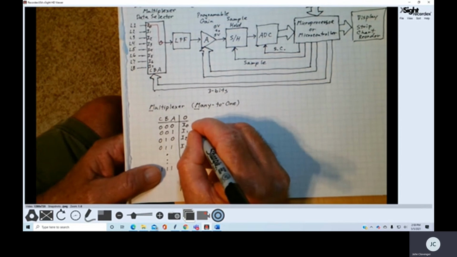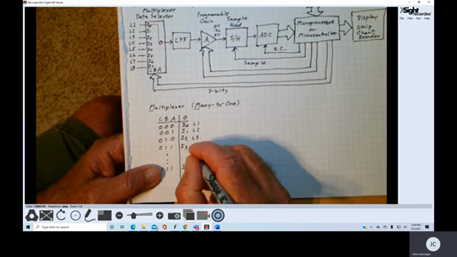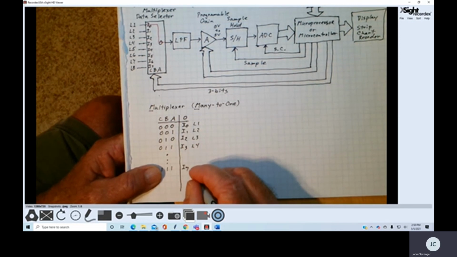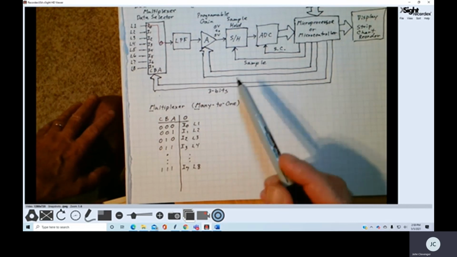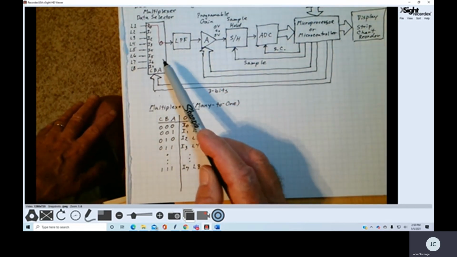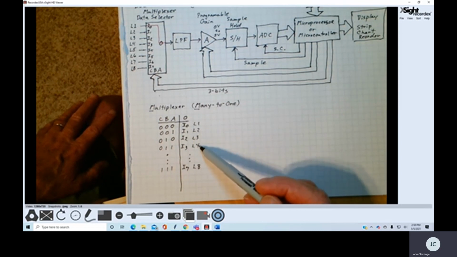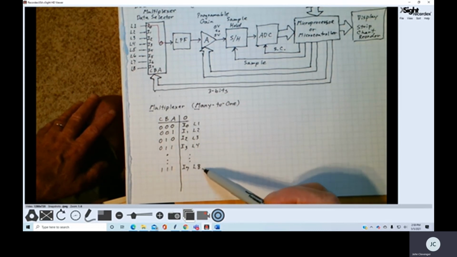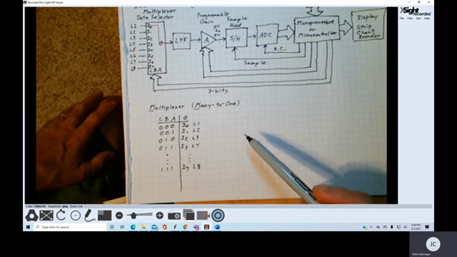So this is lead 1, this is lead 2, this is lead 3, this is lead 4, all the way up to lead number 8. So the microprocessor will first get information from lead 1, then lead 2, lead 3, lead 4, all the way up to lead 8. And then of course it starts all over again at lead 1.